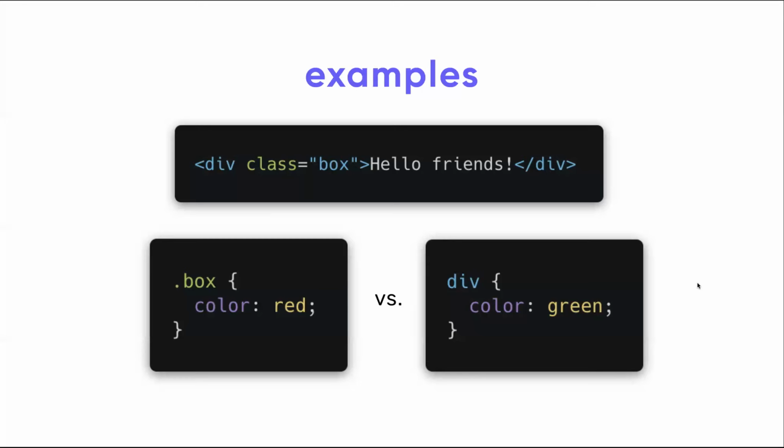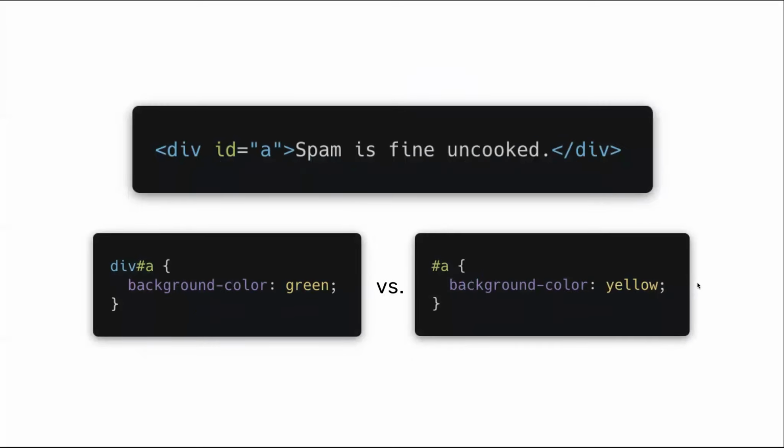Hopefully this is making sense, but let's look at a few more examples. In this example, we have a div and the ID is A, and it says spam is fine uncooked, which okay, is an immediate opposition, but I was hoping you guys could overlook my flaws.